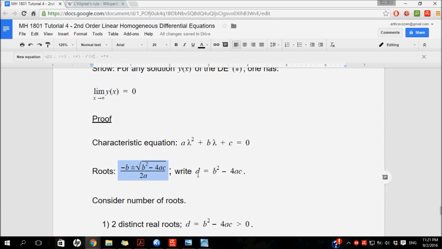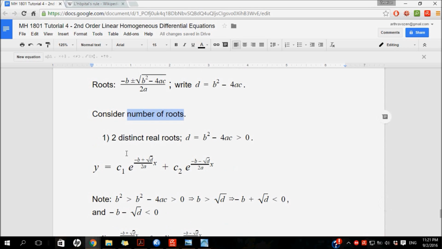Our discriminant b squared minus 4ac will be denoted by d. Using the value of d, we can split into various cases and consider the number of roots and whether they are real roots or complex roots.